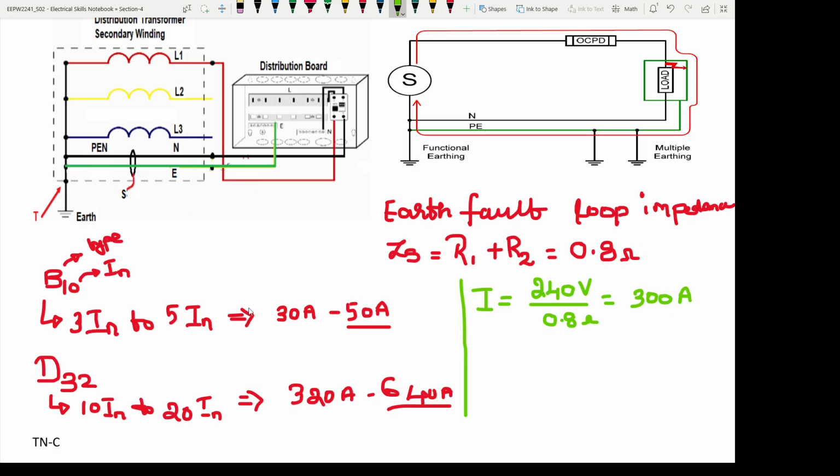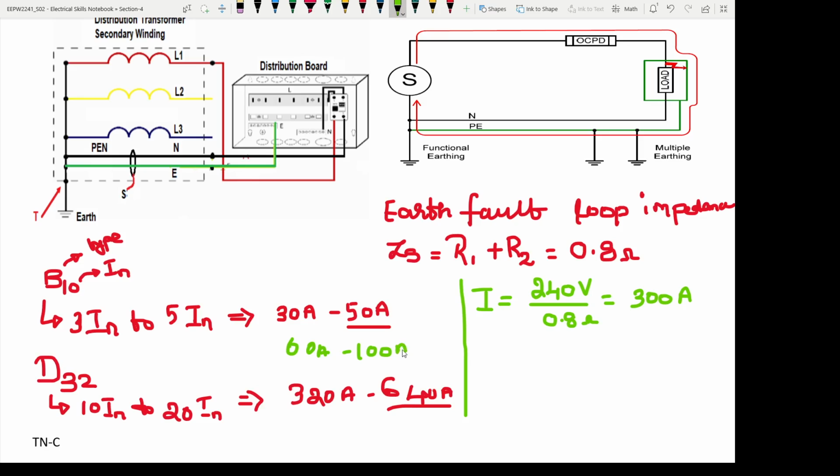If I have used the B type of MCB, B10 or even B20, for B20 you will have 60 amperes to 100 amperes.